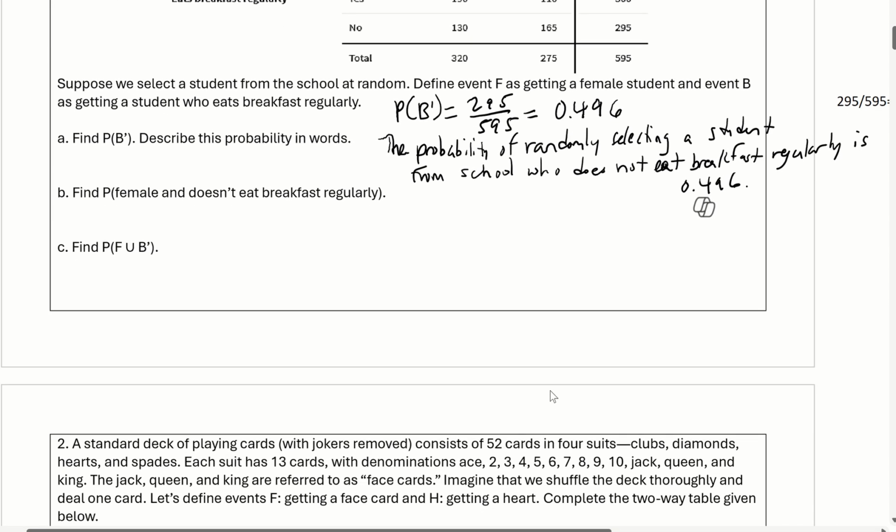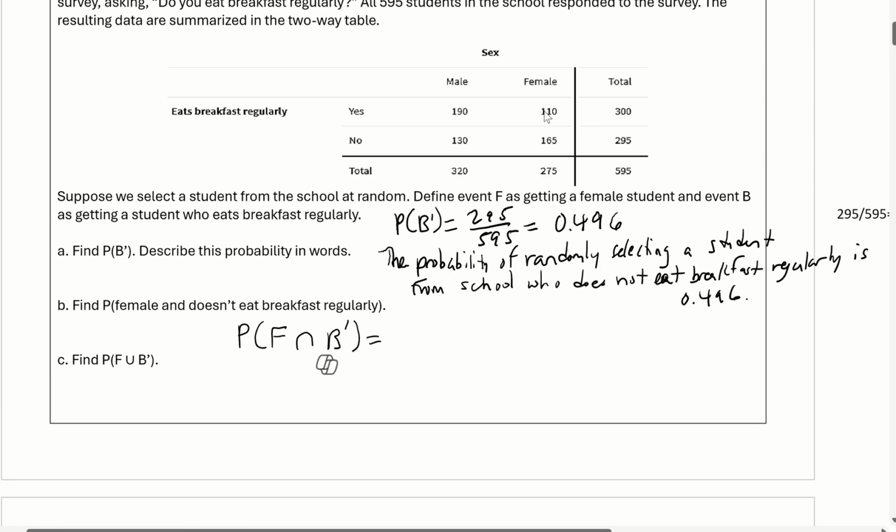So part B, find the probability of female and does not eat breakfast regularly. How many students don't eat breakfast and are female? Out of these 275 females, there's 110 that eat breakfast regularly and 165 that don't.